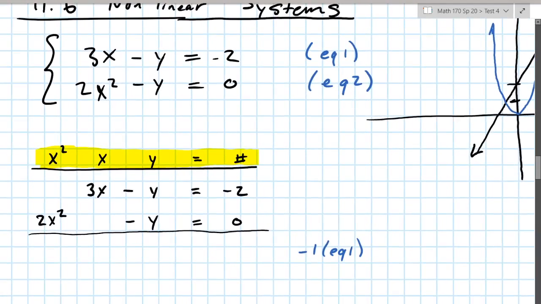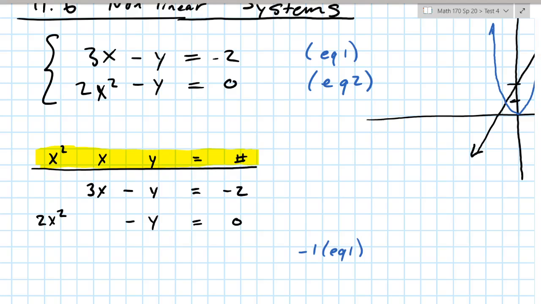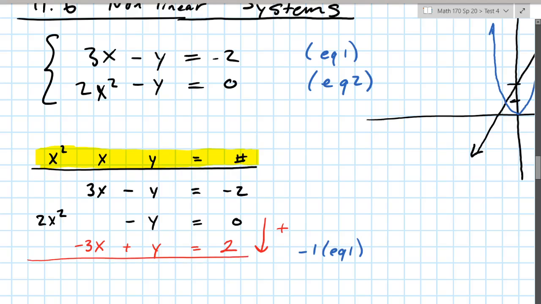We're being a little bit lazy here; if we want, we could just change the signs and work it out. But I will multiply the first equation by negative 1, giving me negative 3x plus y is equal to 2. And now use the addition method to eliminate a variable.